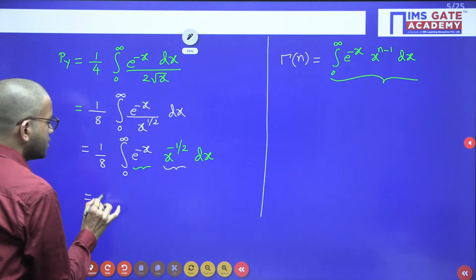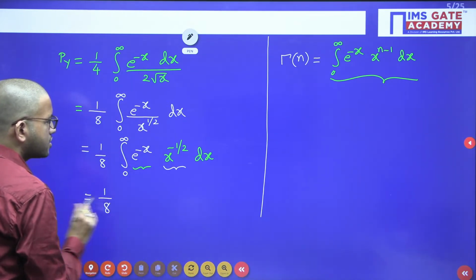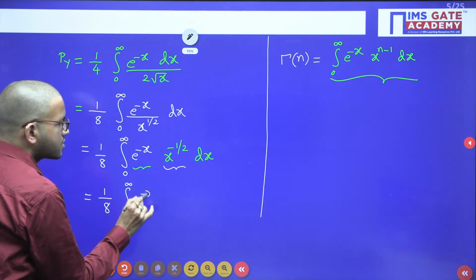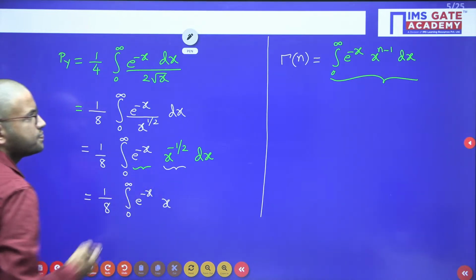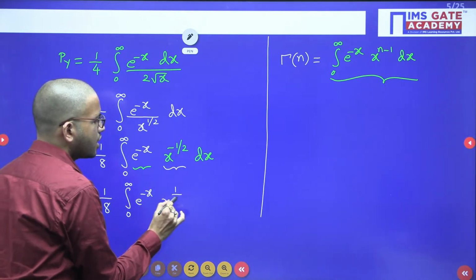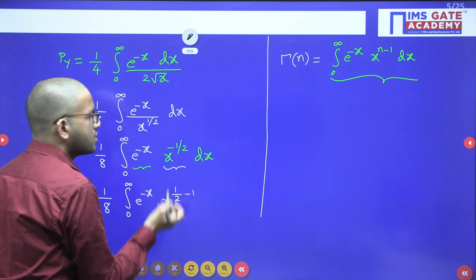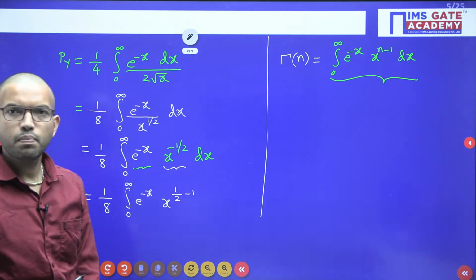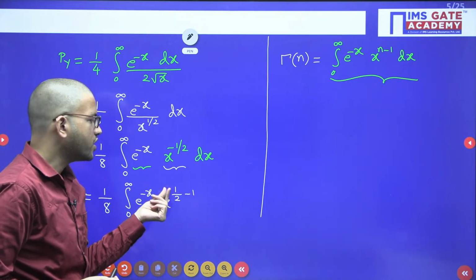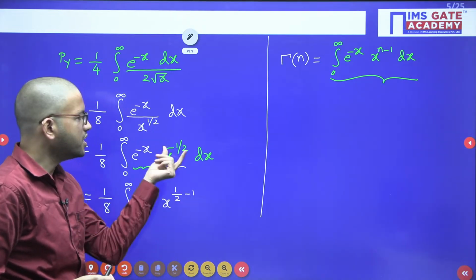So here I am keeping 1 by 8 as it is, integral 0 to infinity e power minus x into x power, this minus 1 by 2, I am writing like this. See, minus 1 by 2 is nothing but what? Minus 0.5. So 1 by 2 is nothing but 0.5, so 0.5 minus 1 is nothing but minus 0.5.